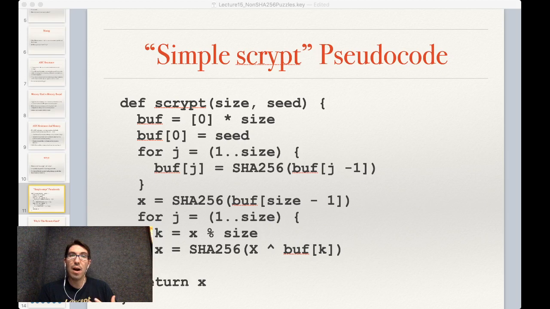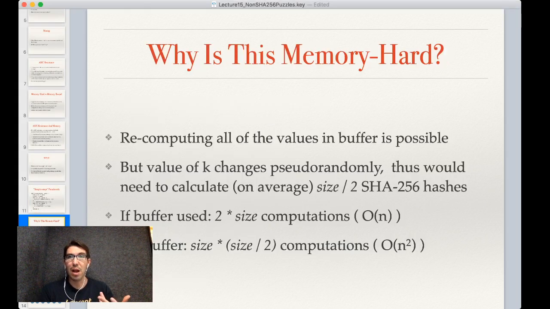Now, in order to get a result, we're going to need to be accessing this memory. This is something you can do by recomputing all the values in the buffer every time you want to go through, but this becomes problematic as the size gets beyond non-trivial values.